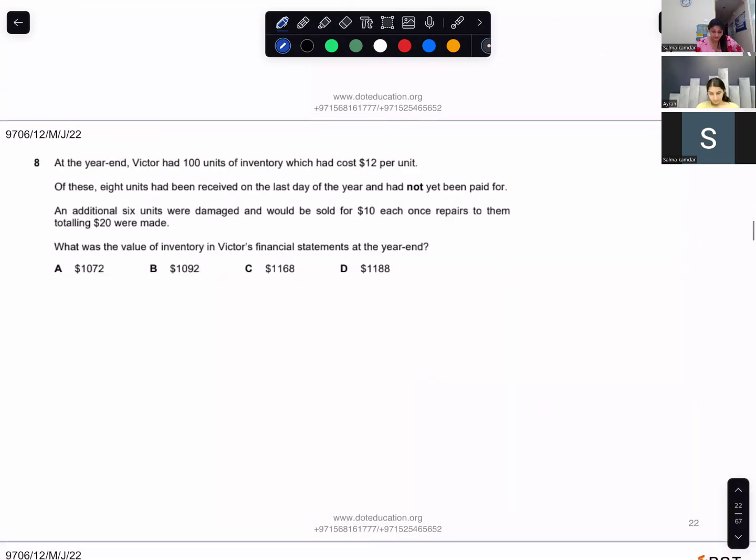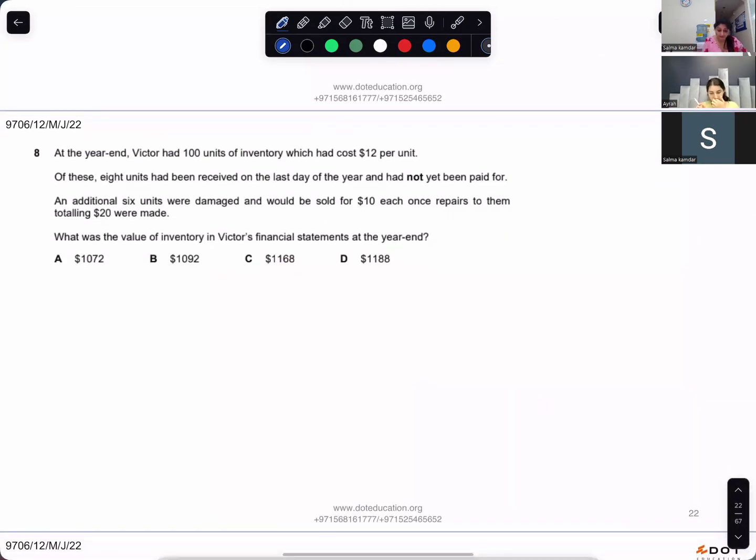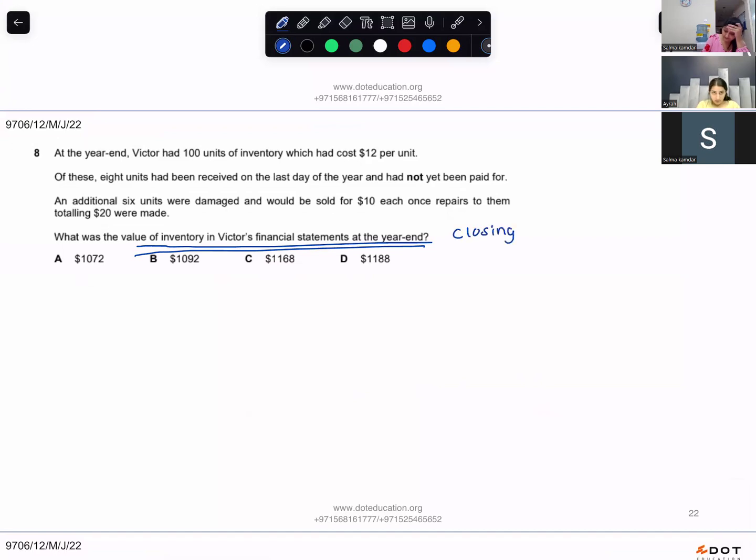Someone did the next one. What do they want from you? What was the value of inventory in Victor's financial statements at the end of the year? They want the closing inventory from you. Go ahead. At the year end, Victor had 100 units of inventory, which had cost $12 per unit.